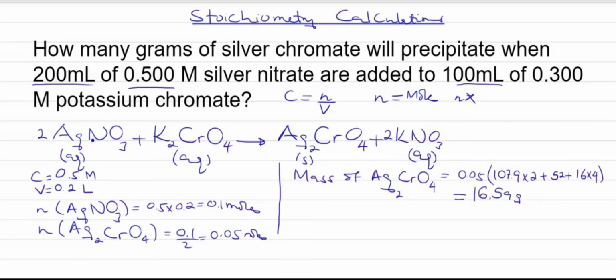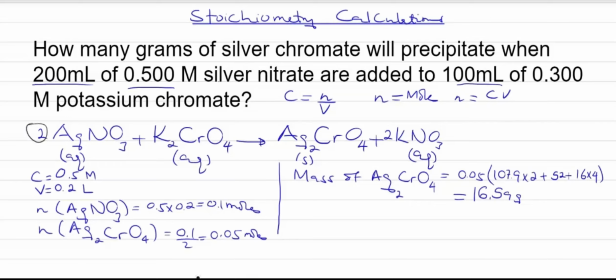So N equals C times V. We found the number of moles of silver nitrate, which is 0.1 moles, and the mole ratio between silver nitrate and silver chromate is 1 to 2.